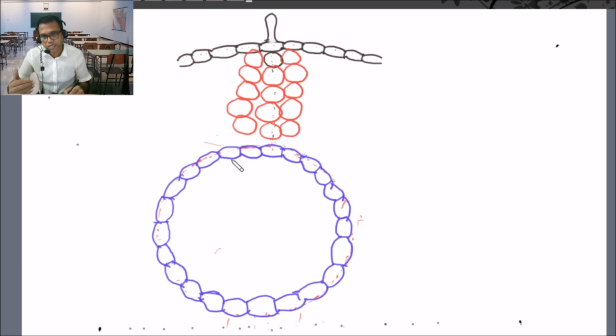And inside this endodermis there is a single layer which is known as pericycle. And basically the shape of this pericycle is hexagonal.